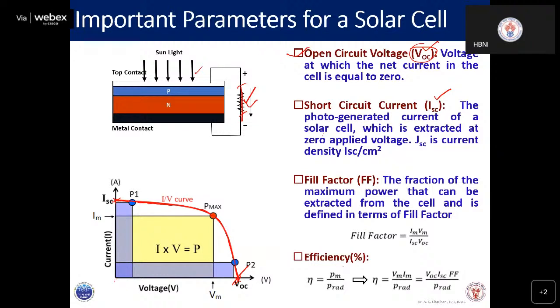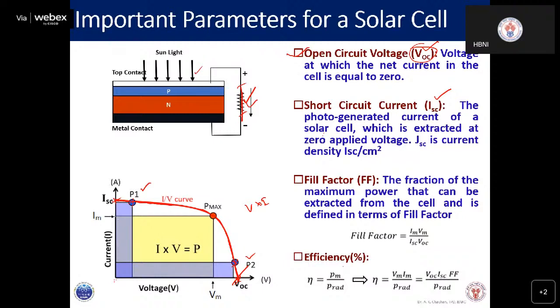Now we see there are different points P1, P2 and some P. At this point, what is my power? Power is usually V into I. So V into I will be the area. This area will be the power drawn at this point. Similarly, this area will be the power at this point.